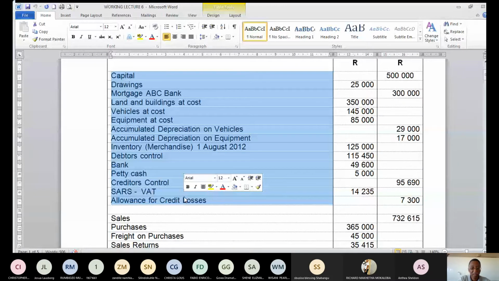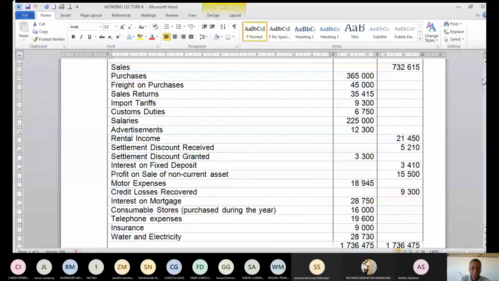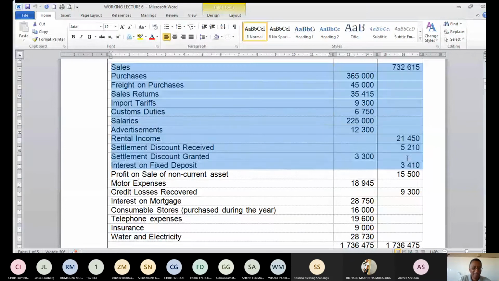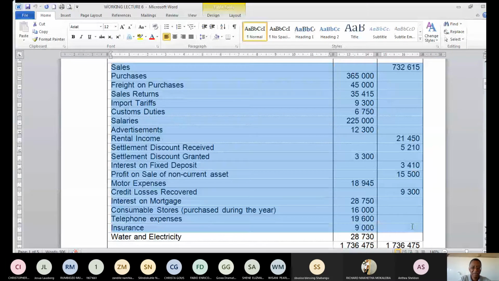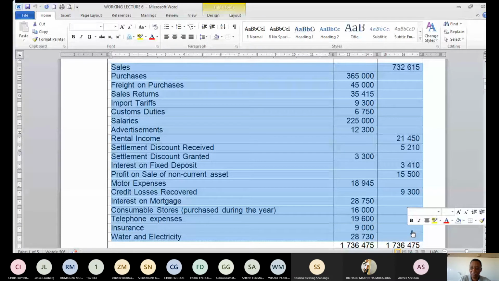Then we have got nominal accounts. So under your nominal accounts, you will have all your income, all your expenses, sales, purchases, freight on purchases, all of those accounts will appear there as part of your expenses.